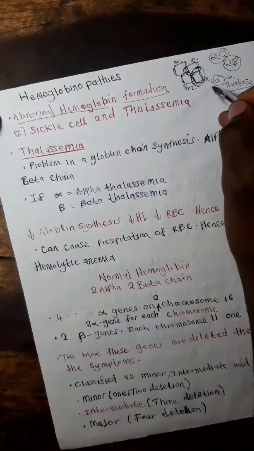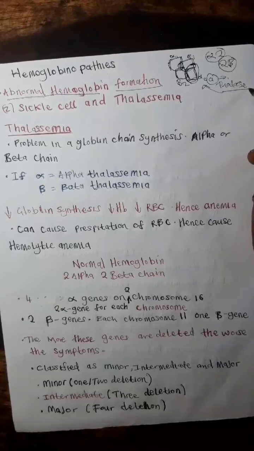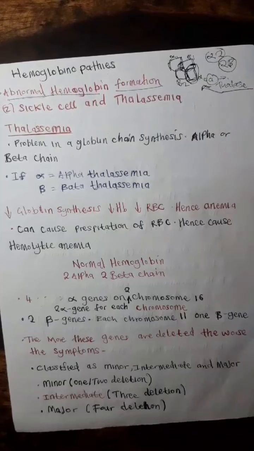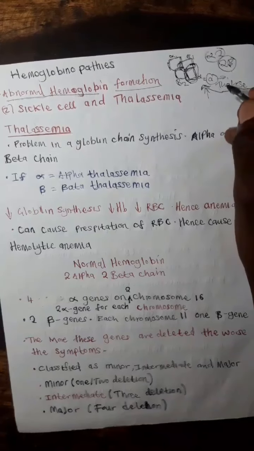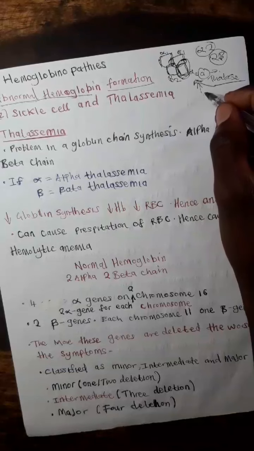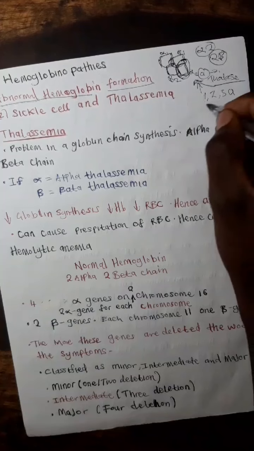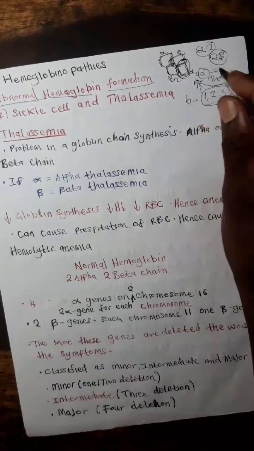So thalassemia, this is the situation where the hemoglobin is not having 1 or 2 or 3 or all the chains, globin chains are absent.